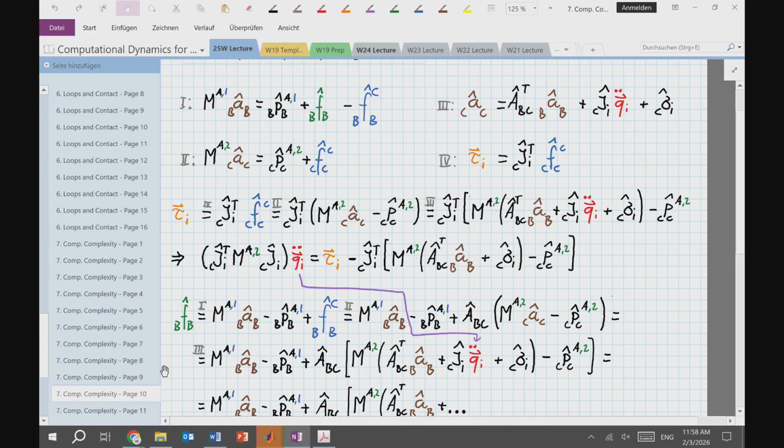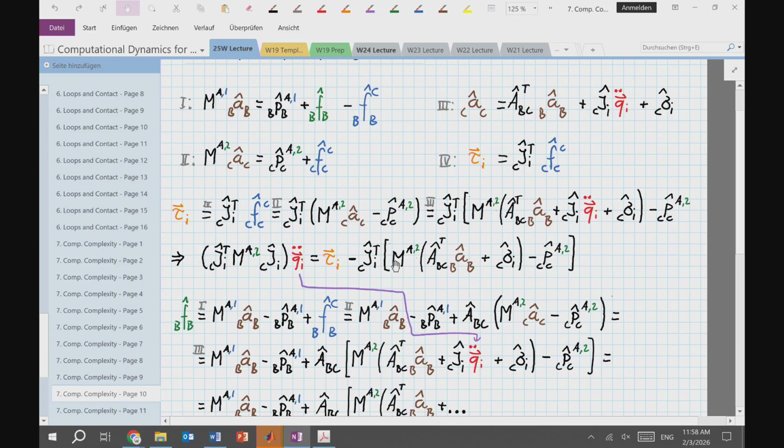Much more complicated than what we saw when we talked about collisions, but that's only because we have to carry all these bias quantities with us, right? When we talked about collision, all this here was inherently set to 0, and we ended up with something that says m lambda times c double dot equals, or in this case, delta c dot, I should say, jump in velocity equals capital lambda, right?